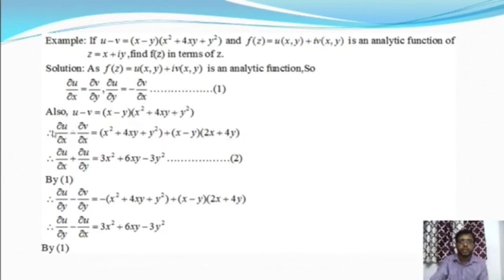Okay, so now applying the Cauchy-Riemann equation, del v del x is equal to minus del u del y. So del u del x plus del u del y is equal to this.